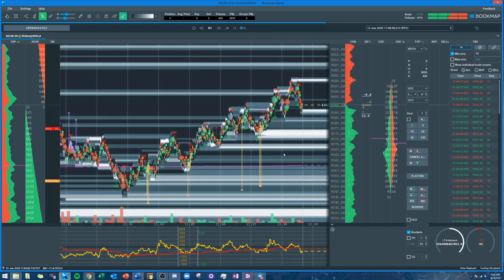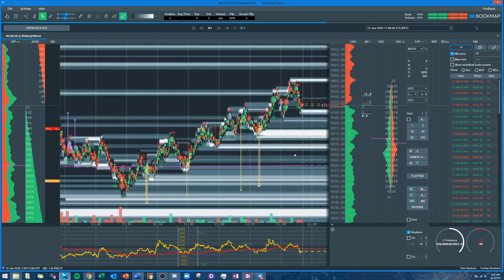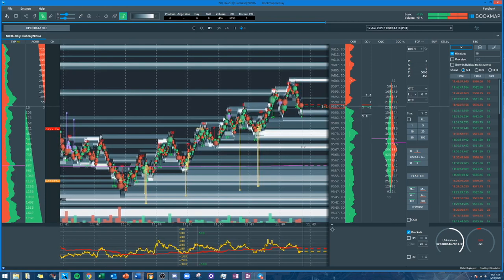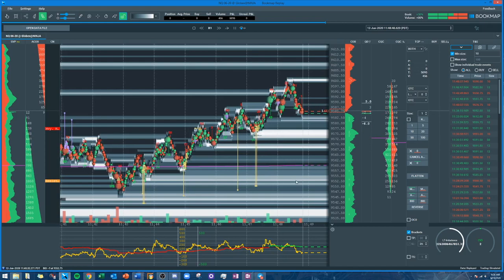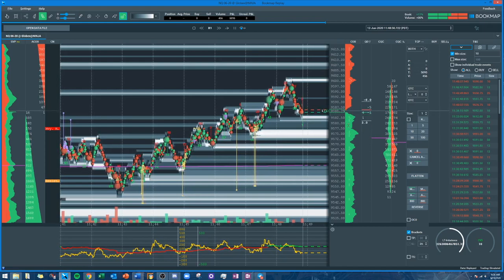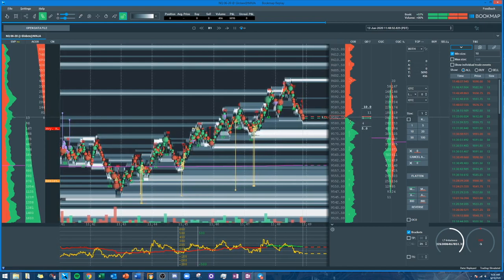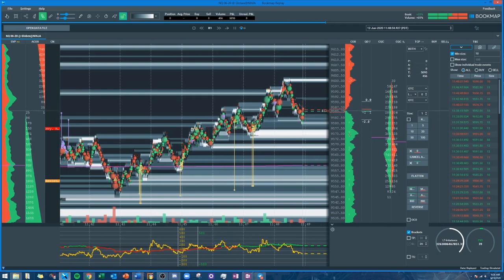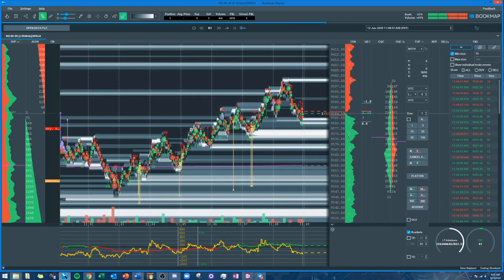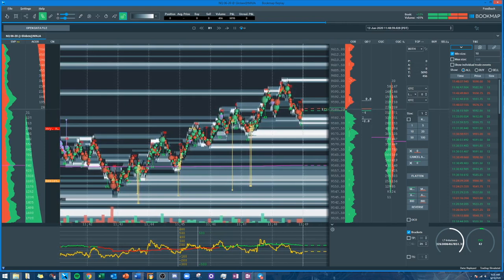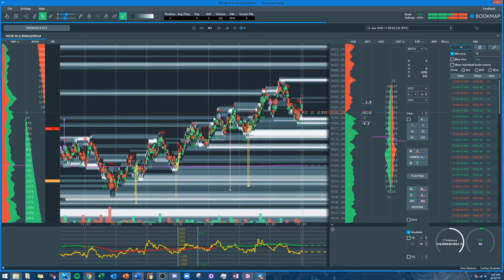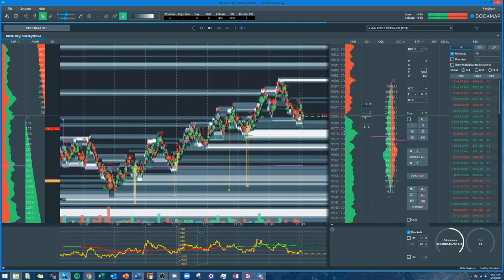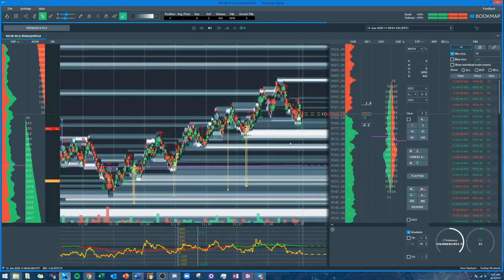But that's a decent amount of size. So we've got quite a bit of support here, and these little white tick marks mean that it's another algo. It will assess where there's one really big buyer or seller. So these white tick marks, like this area right here, this is just one guy.